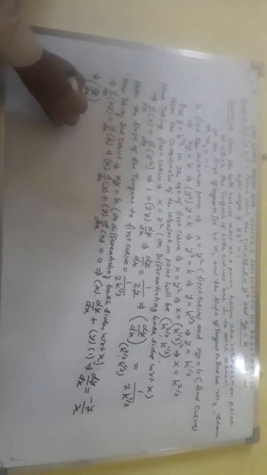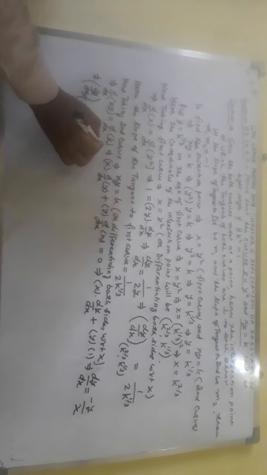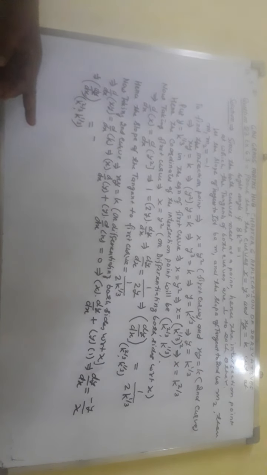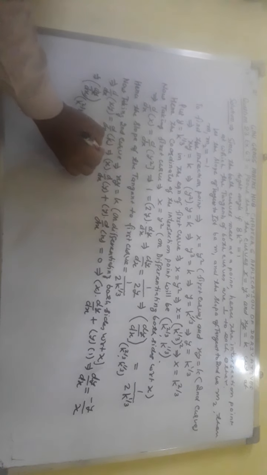Again I shall write dy over dx at the point k raised to the power 2 over 3 comma k raised to the power 1 over 3 equal to minus y over x. In place of y I shall write k raised to the power 1 over 3, whole over x.